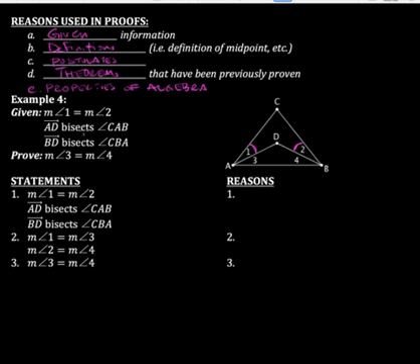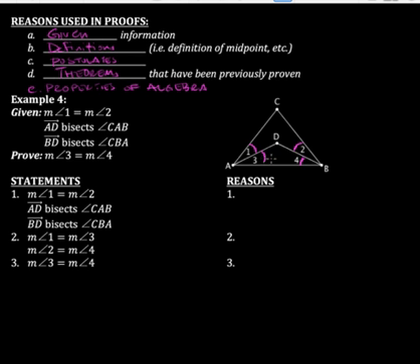It says ray AD bisects angle CAB. Well, that would indicate that angle 1 and angle 3 are also congruent. It also says ray BD bisects angle CBA, which would tell me that angle 2 and angle 4 are congruent. And my job is to prove that the measure of angle 3 equals the measure of angle 4, which I've already kind of marked.